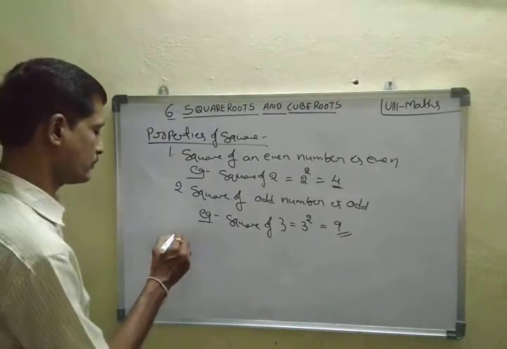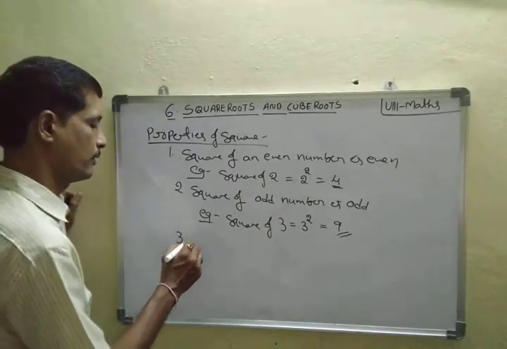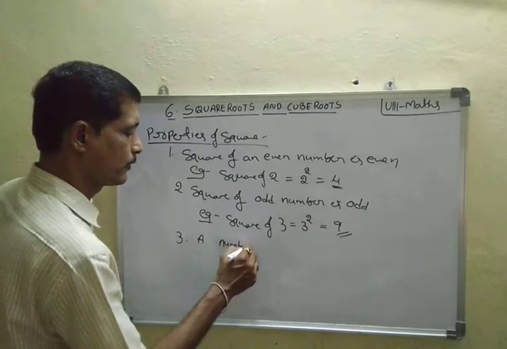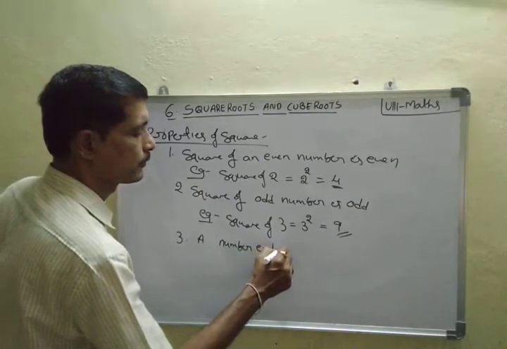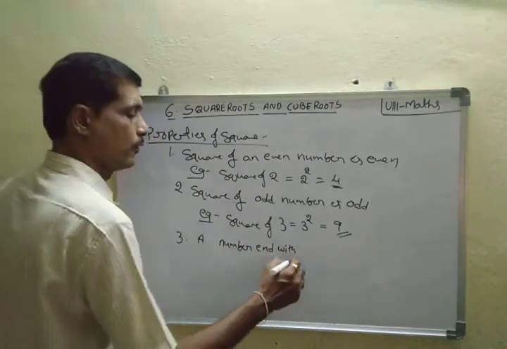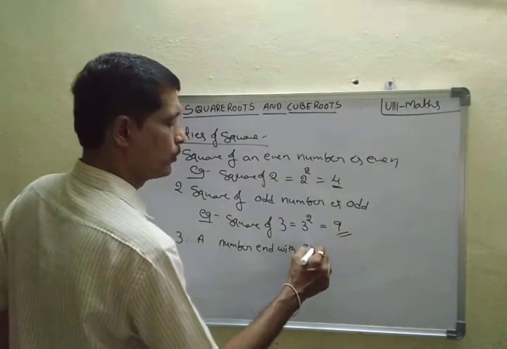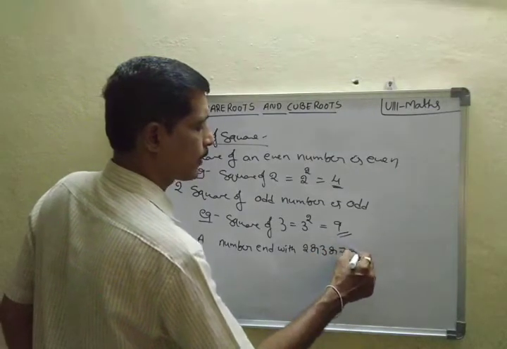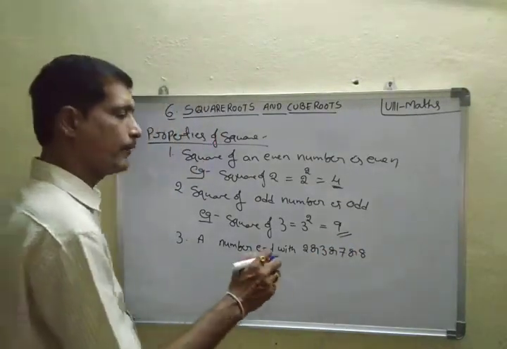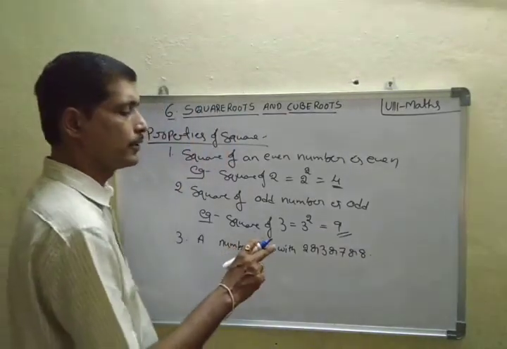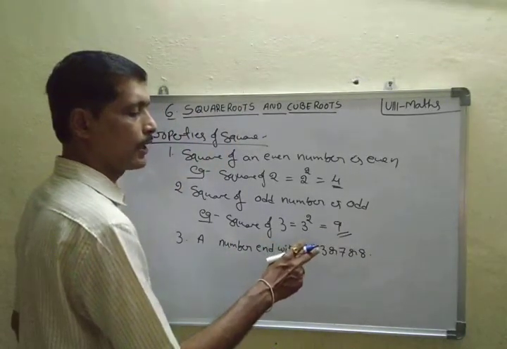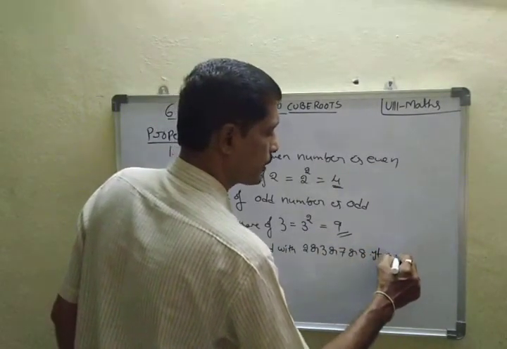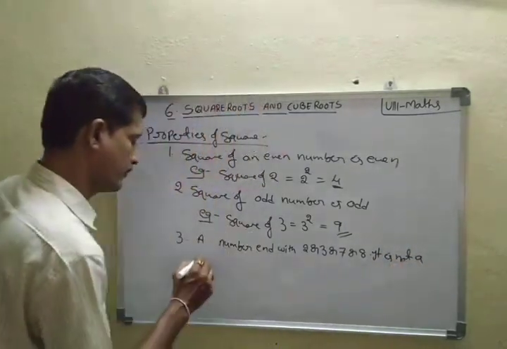Next one: a number that ends with 2 or 3 or 7 or 8 is not a perfect square. A number that ends with 2 or 3 or 7 or 8, therefore that number is not a perfect square.